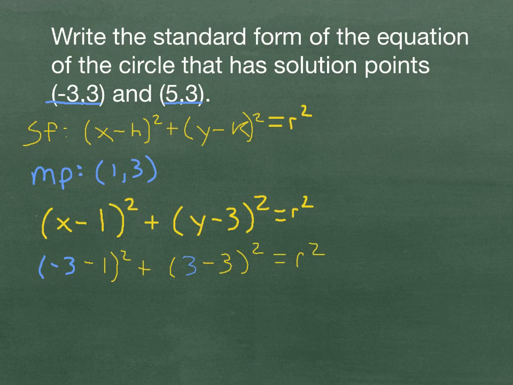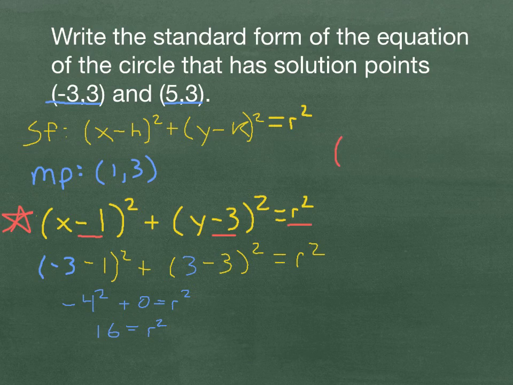This is going to give you -4 squared plus 0 equals r squared. And -4 squared is 16. So 16 equals r squared. So now that you solved for r squared, all you have to do is take the original equation with the midpoint and substitute what you got for the r squared here in this equation.